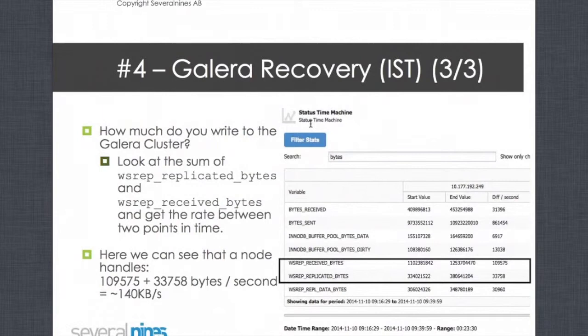So this is one other way of getting the rate for calculating the size of the Gcache. Then again, you just multiply by the amount of time you need to handle for the downtime. And I think 6 or 8 hours is a reasonable amount to be able to sustain.